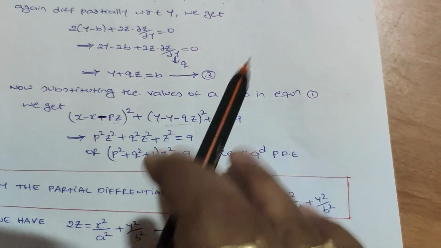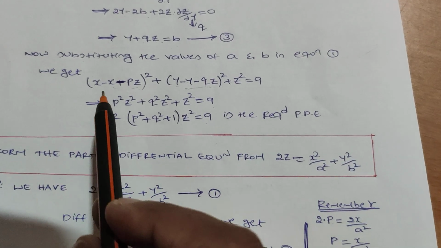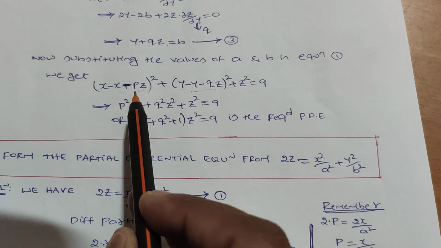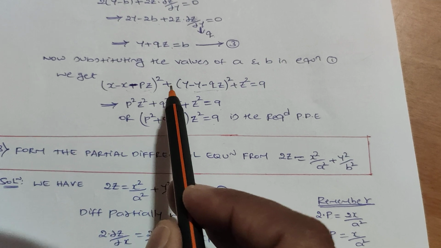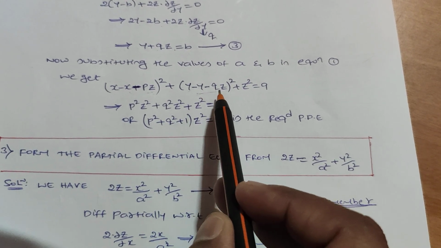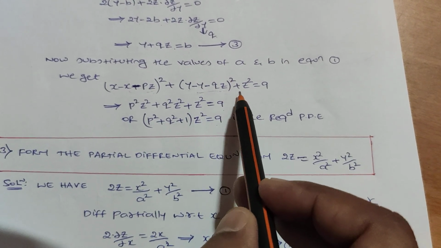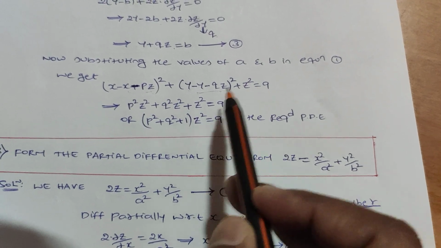Therefore we observe the partial differential equation as (x minus x minus pz) whole square plus (y minus y minus qz) whole square plus z square is equal to 9.